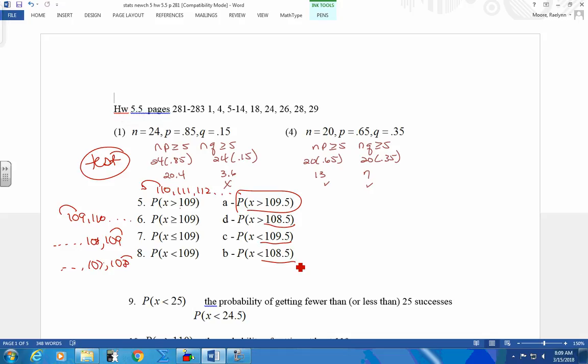And we do a correction for continuity because we have discrete values, which is just one little point. It would be one little point on that graph. So to make this a bar, we correct it for continuity. The rest is going to work the same.